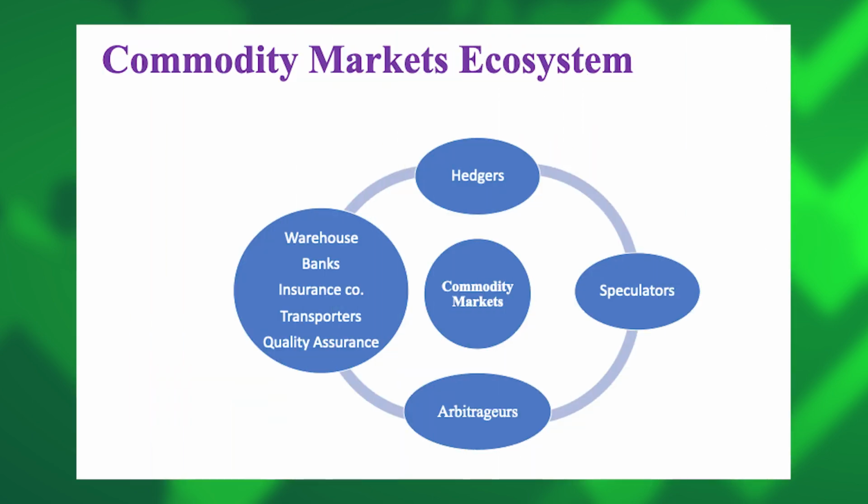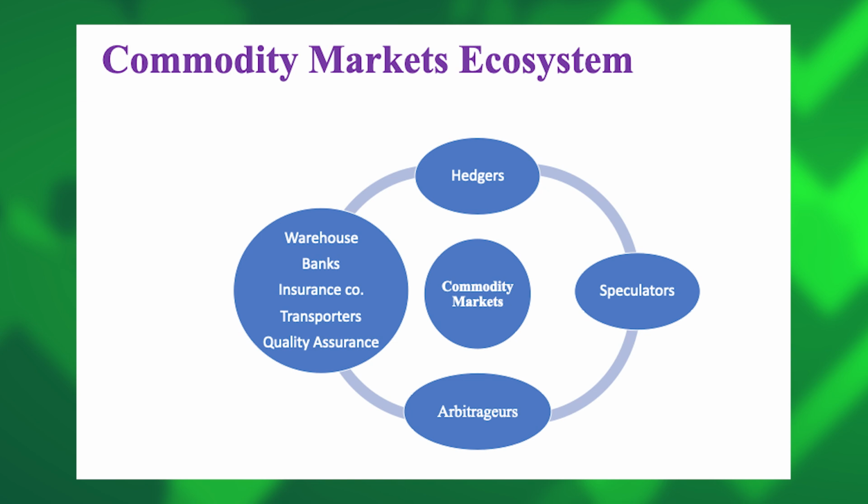The commodity market ecosystem includes, besides hedgers, speculators, and arbitrageurs, warehouses, transporters, banks, and insurance companies, and quality assurance and accreditation agencies which certify the quality of the product.